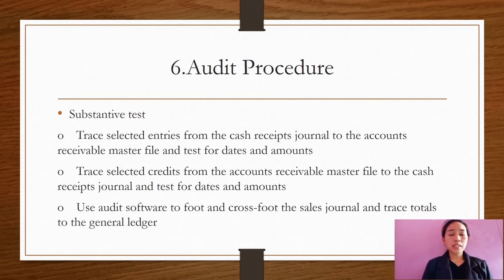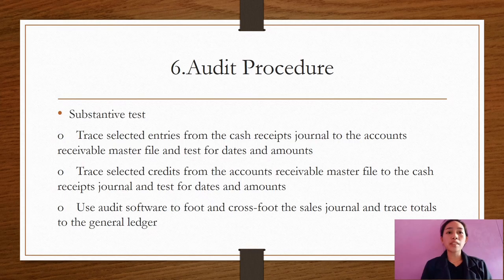The audit procedure for this assertion is the substantive test: trace selected entries from the cash receipt journal to the accounts receivable master file and test for dates and amounts. Also trace selected credits from the accounts receivable master file to the cash receipt journal and test for dates and amounts.